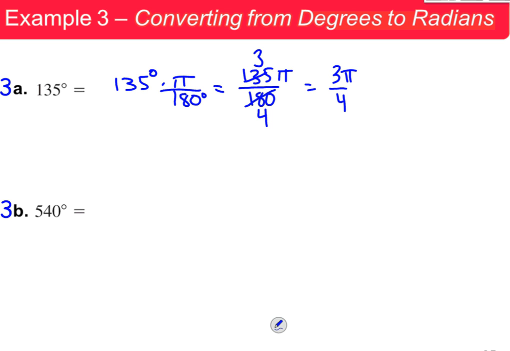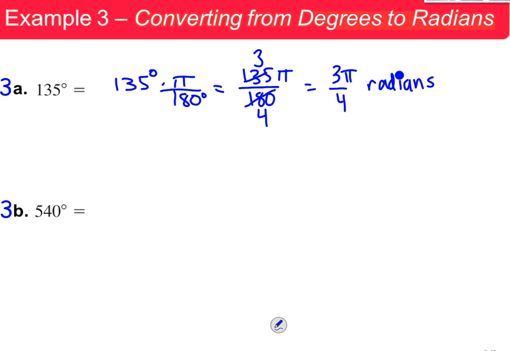We keep it intact with pi, and I'll write radians. The nice thing is if you forget to write radians, that's okay because it's really unitless, but you do want to have degrees if you're converting to degrees. And the nice thing about leaving it in terms of pi is that's an exact value, because pi is irrational.